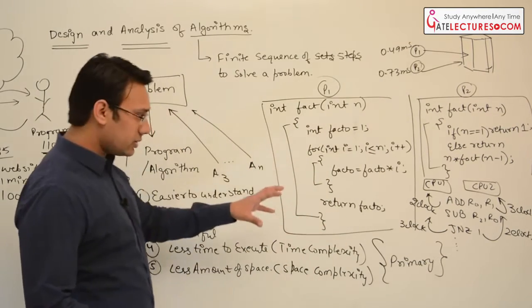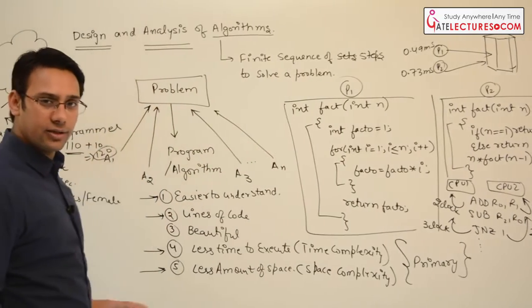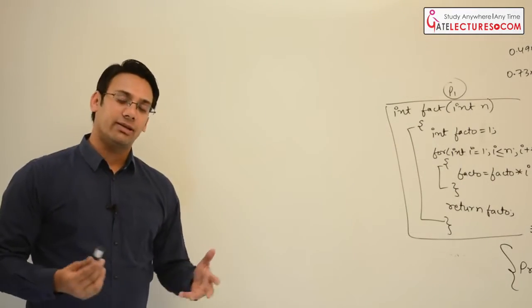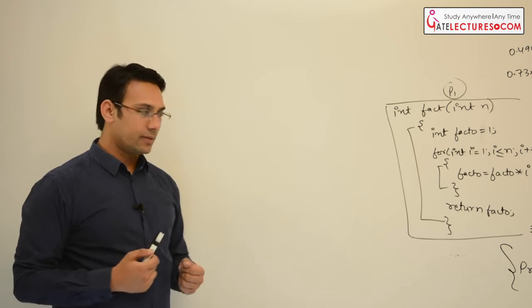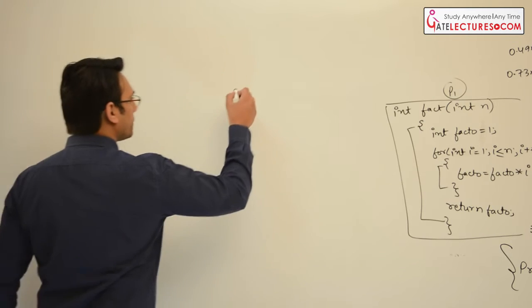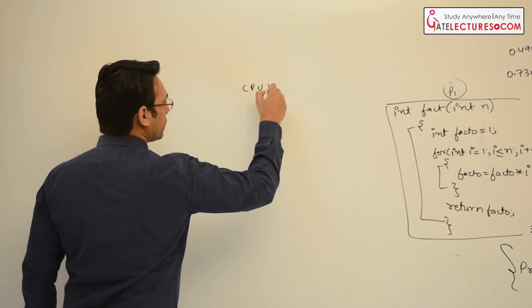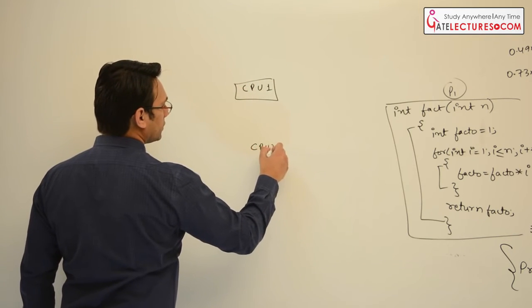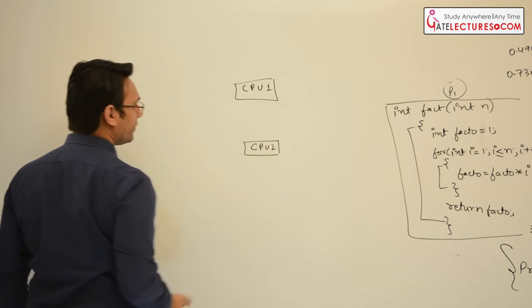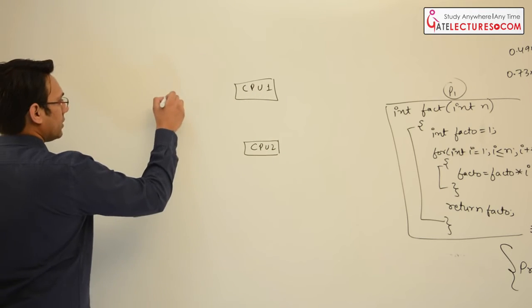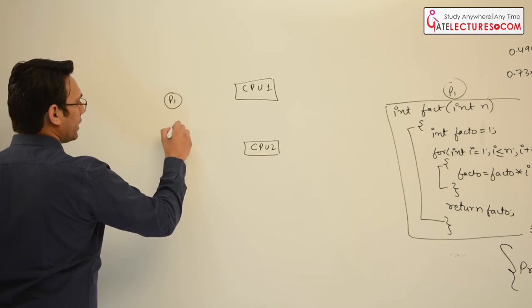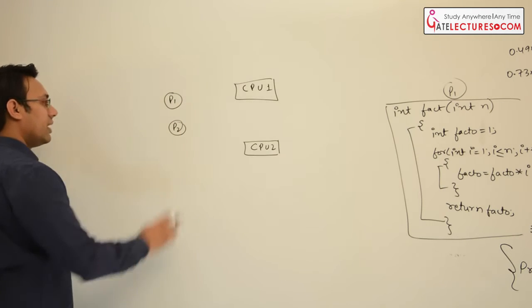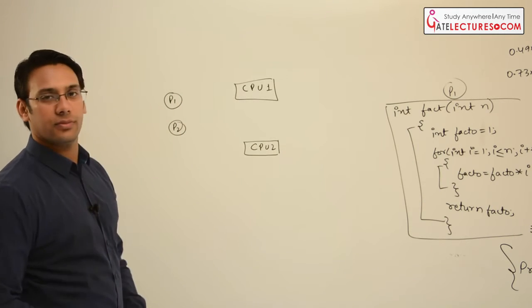Okay, so let me draw this same thing diagrammatically. Let us say we have two CPUs. This is CPU 1 and this is CPU 2, or machine 2, right? And we have two programs, program P1 and program P2, and both these programs are solving the same problem.